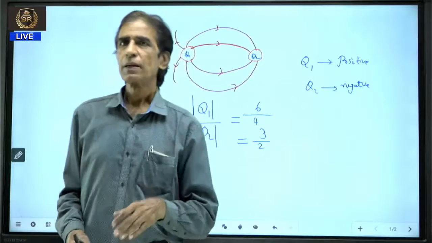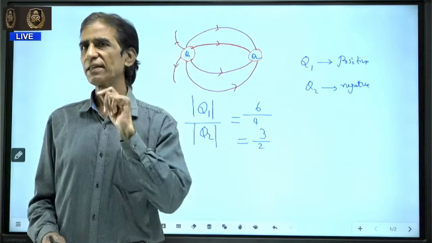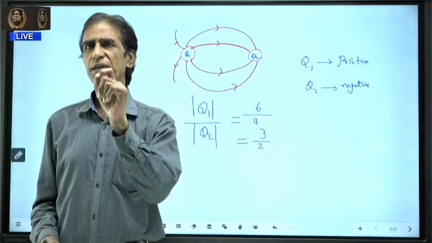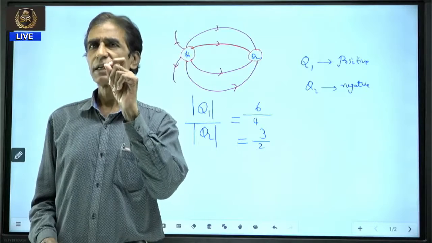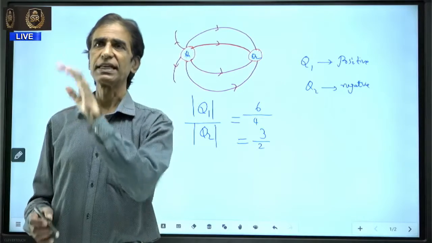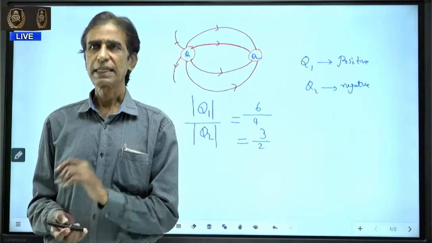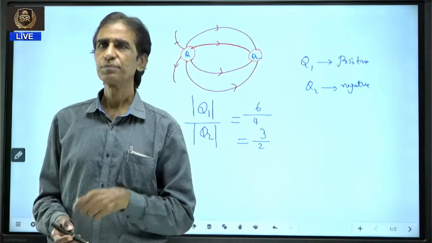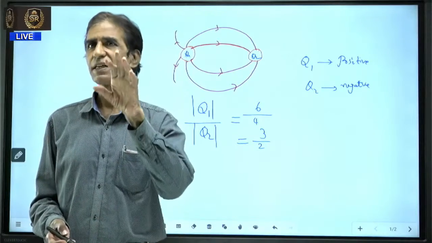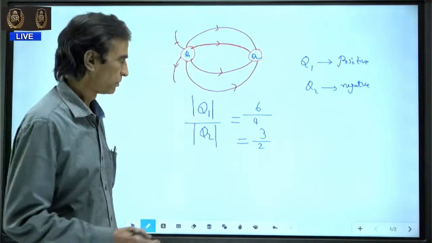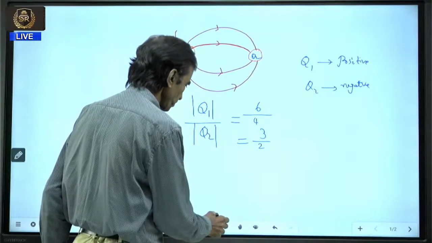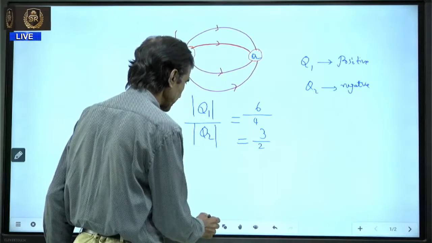Now, regarding electric field lines, one more very important point, which differs from magnetic field lines. I told you already there will be no electric field inside a conductor, no field line inside the conductor.